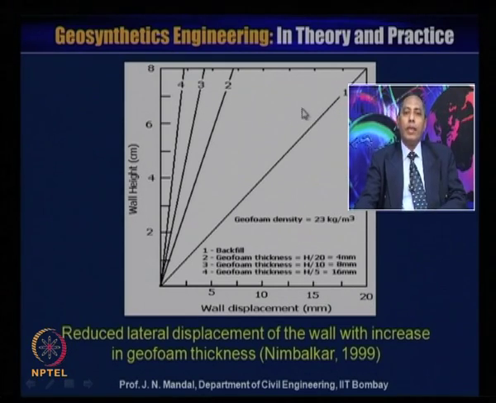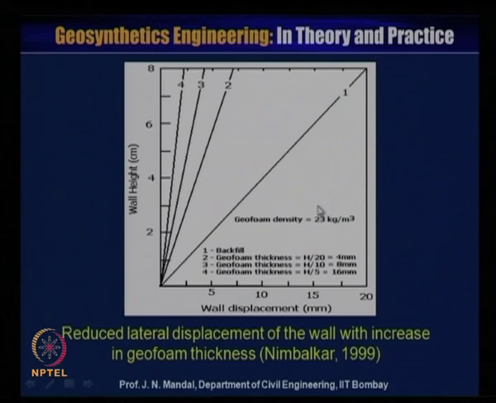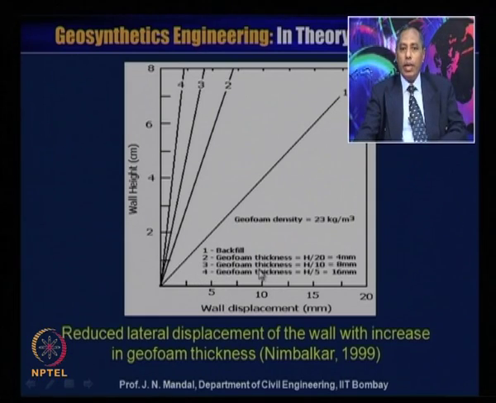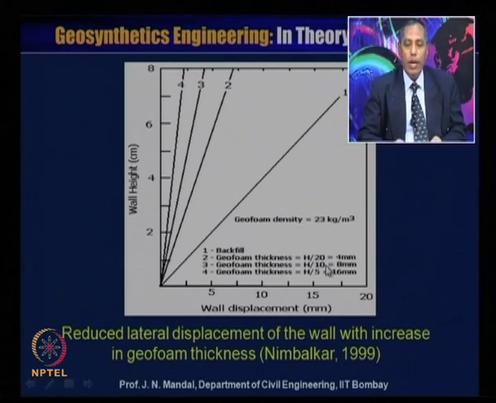Here the geofoam used is 23 kg per meter cube, and when you use only backfill material, this is the nature of the curve. You can see the wall height with respect to the displacement. But in case 2, the geofoam thickness is H by 20, where H is the height of the wall.